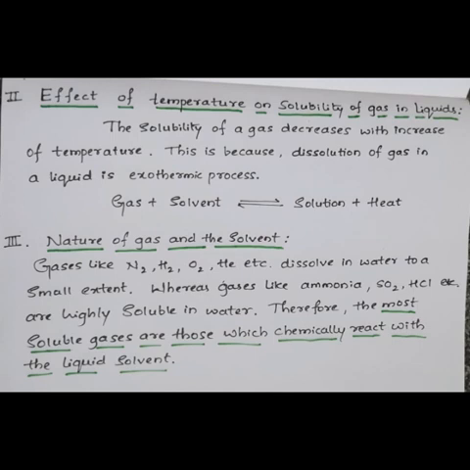From this we can conclude that the most soluble gases are those which chemically react with the liquid solvent. If the gases are less reactive with the solvent, then they are less soluble in the given solvent.